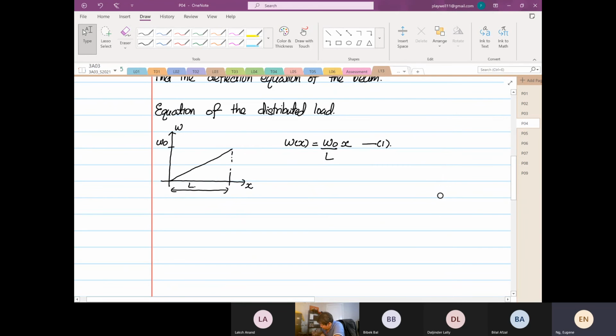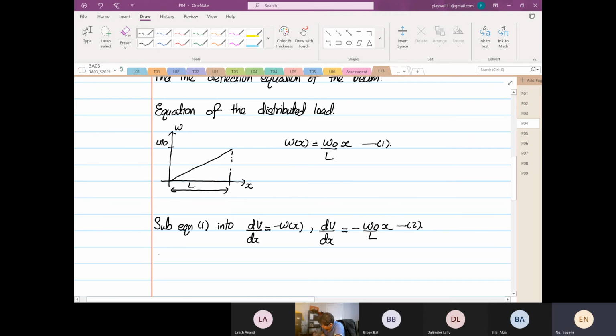From here, we're going to substitute equation 1 into dV/dx equals minus omega as a function of x. So dV/dx is equal to minus omega naught over L times x. This is our equation number 2.